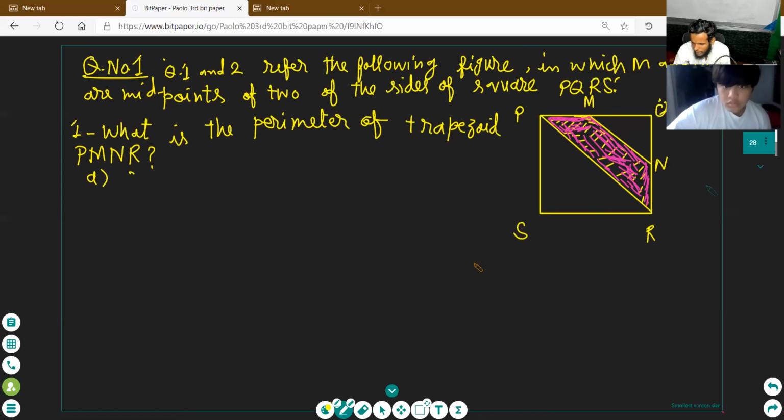You find the perimeter. In perimeter we add all the lengths. If we know all the lengths of this figure, then we can find the perimeter.